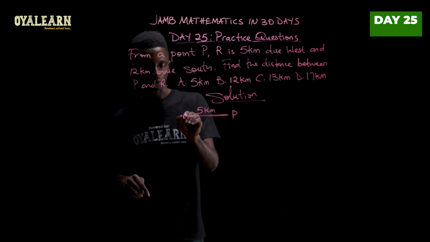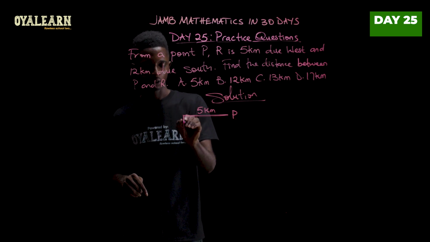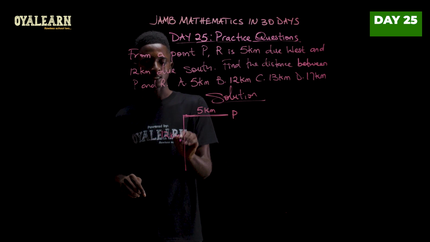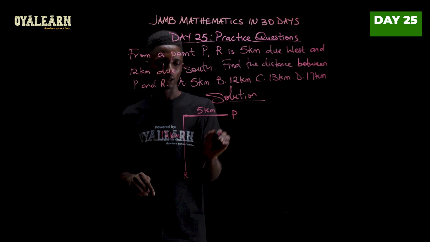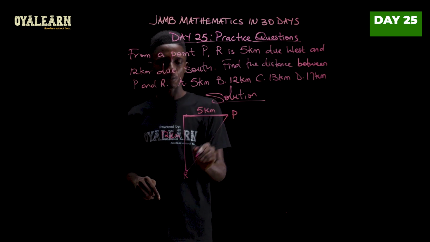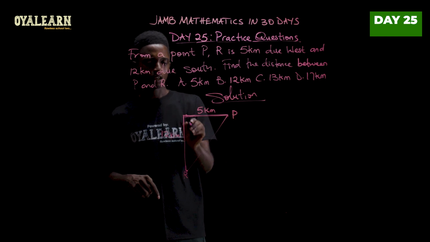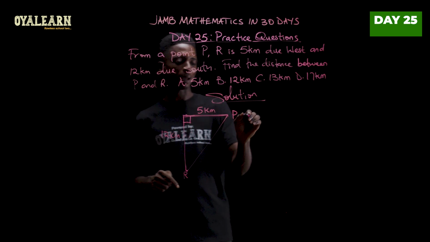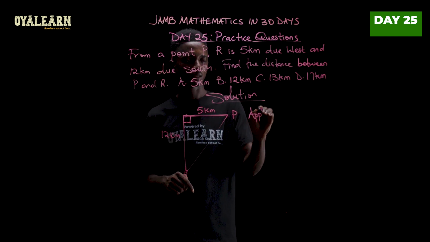And then due south, we have 12 kilometers to arrive at point R. So all we need to do is combine this now and then look for the distance between P and R. So this would give us a right angle triangle, and then we can apply Pythagoras.